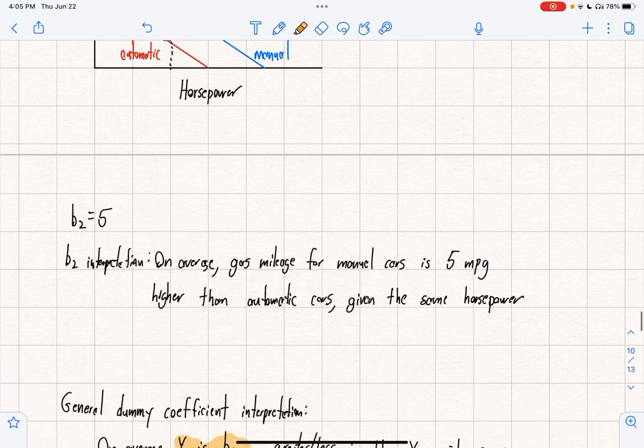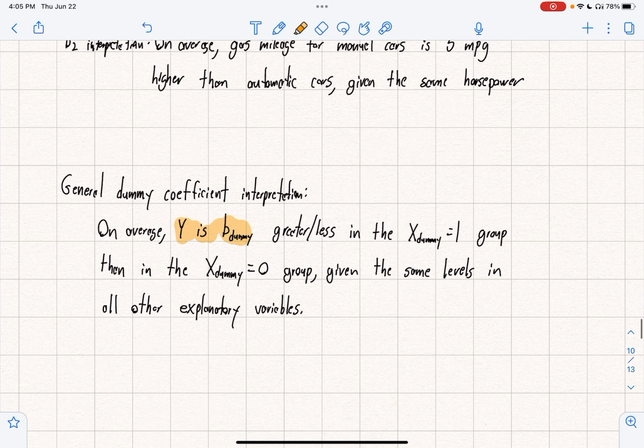So b dummy is greater than or less than in the x dummy equals 1 group, in our case manual, than in the x dummy equals 0 group, in our case automatic, given the same levels in all other explanatory variables. So on average, one group is greater than or less than the other group by the beta coefficient, which is just the difference in the y-intercept. And that's how we would interpret the dummy coefficients.